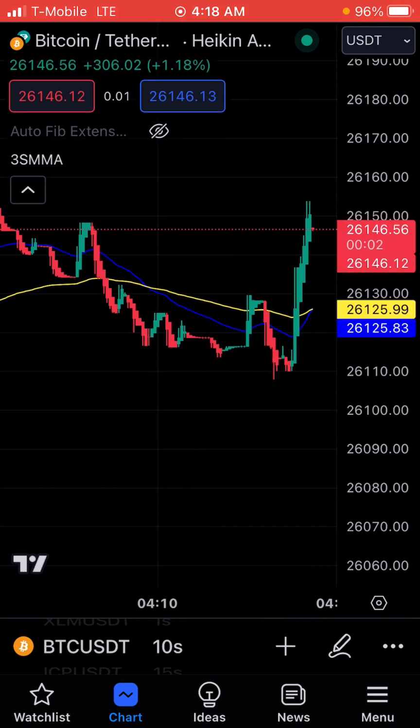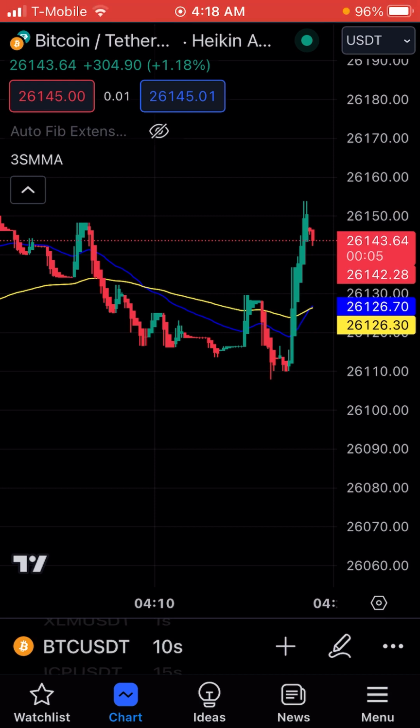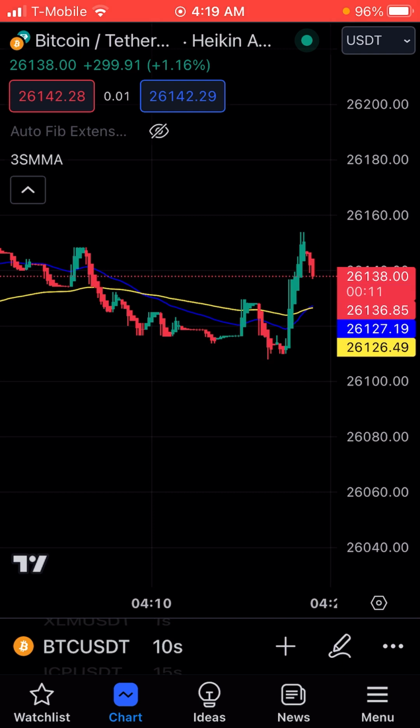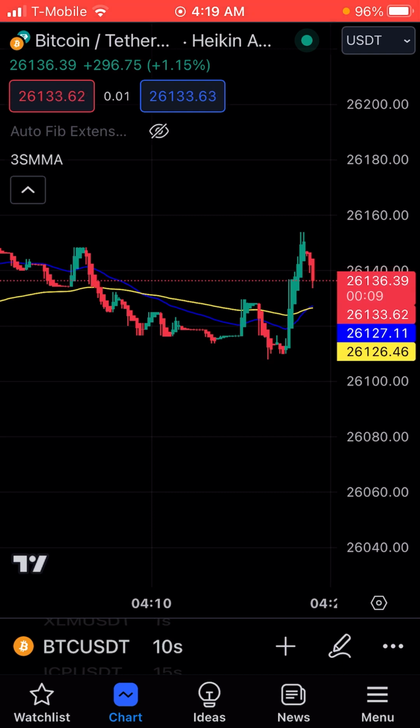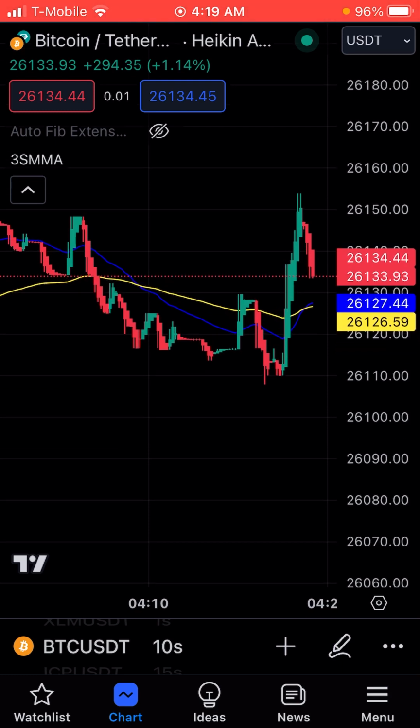When you're doing this on a 10-second candle, you zoom in a lot closer, so you can find a lot of those moments when it goes up, when it goes down. As soon as the 20 and the 55 cross, because you're doing this on a 10-second candle, you can really zoom in and find a lot of those moments that you can't normally find, where you can find some pretty good trades.